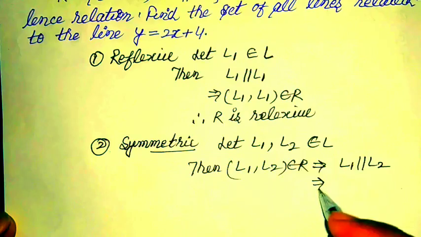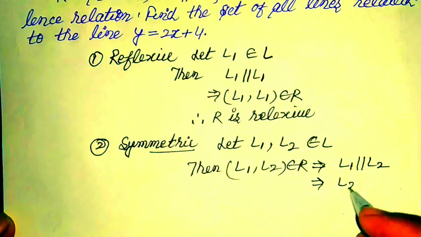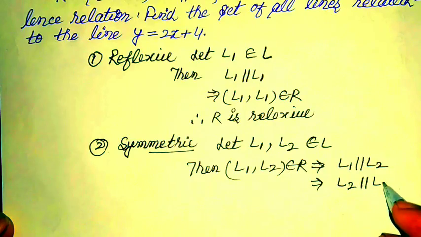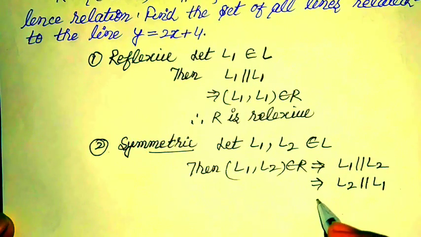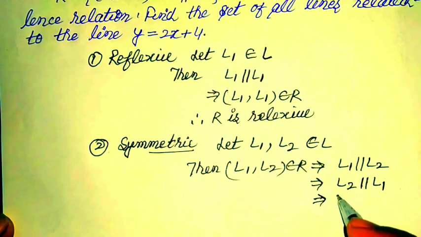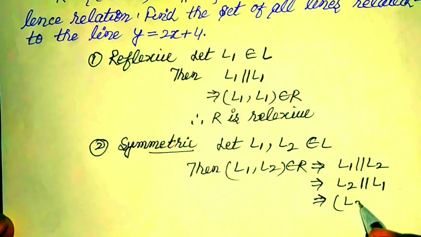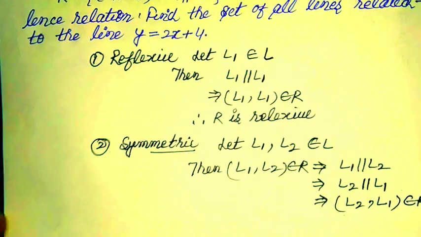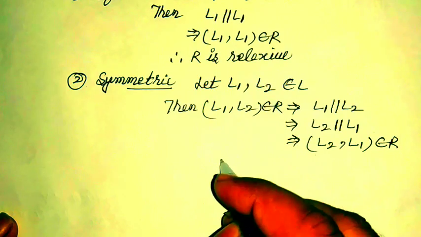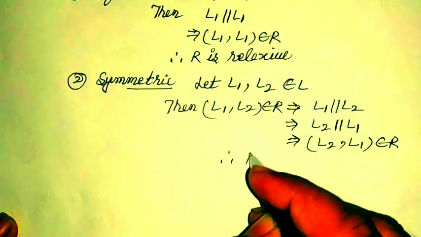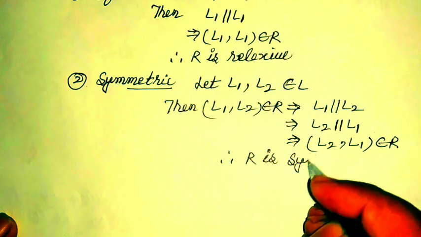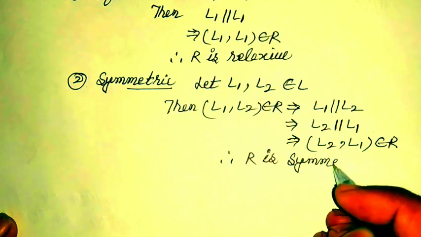So we can write L2 parallel to L1, and it is true. So then we can write L2, L1 belongs to R. This is the condition of symmetric. Therefore we can say R is symmetric, isn't it?